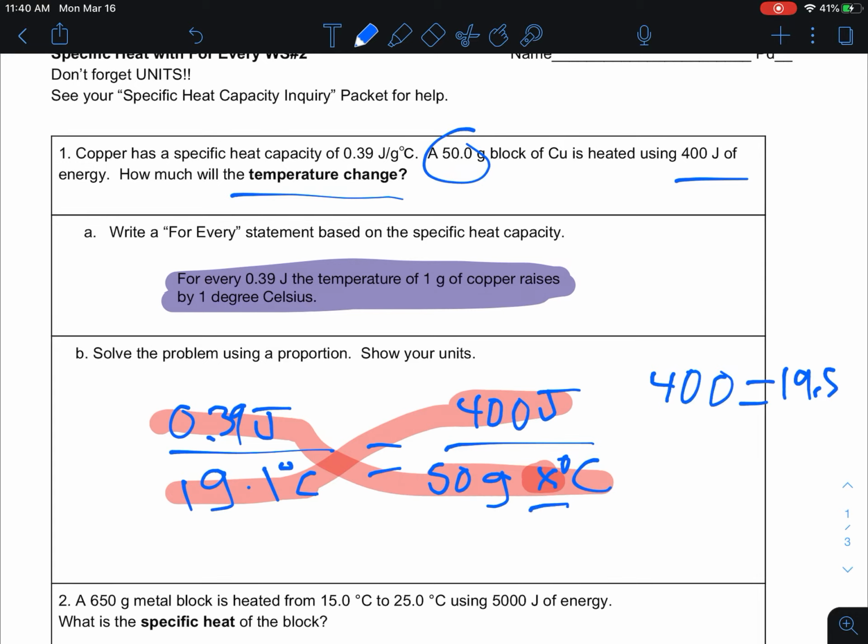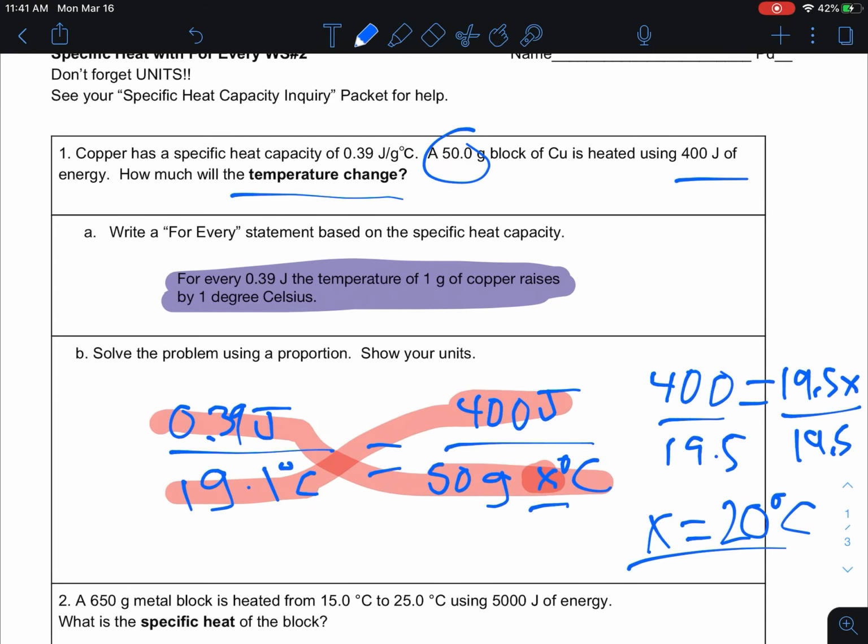And then, of course, we have to multiply that by x. Then it's as simple as getting the variable by itself. So we have to divide both sides by 19.5. So x is going to equal around 20 degrees Celsius. So the temperature change was 20 degrees Celsius.